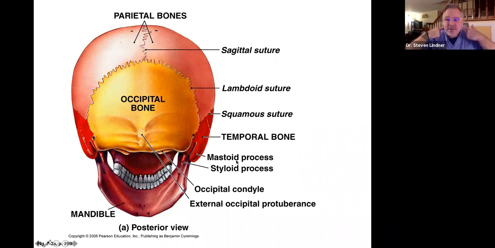And if you go deeper to that, you really have to push your finger in. I don't advise pushing too hard, but when you push in deeper, that's where you get to the styloid process. So there's the mastoid process and styloid. Mastoid is larger and knobbier. The styloid is much, much thinner and slender.